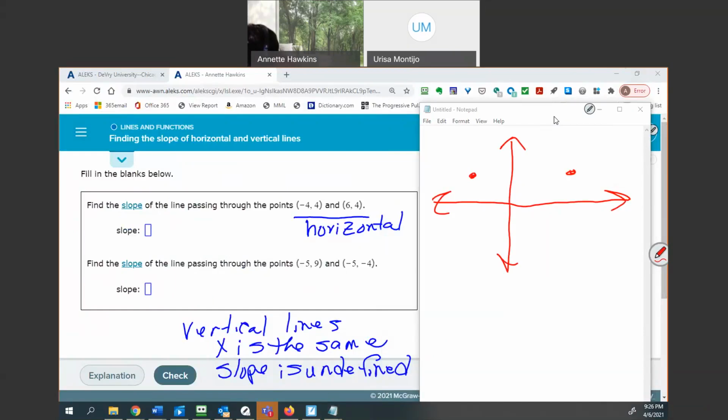So you can have this horizontal line. Then (-5, 9), go up here. And then (-5, -4). And you get a vertical line. Okay.